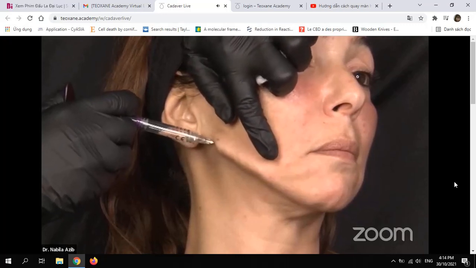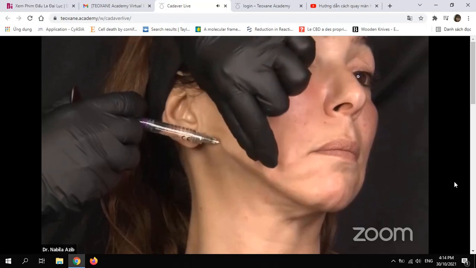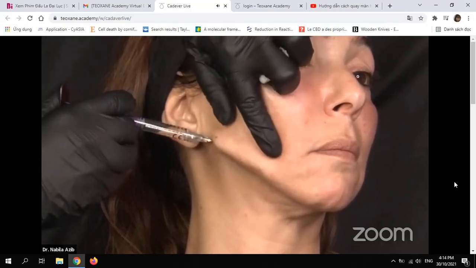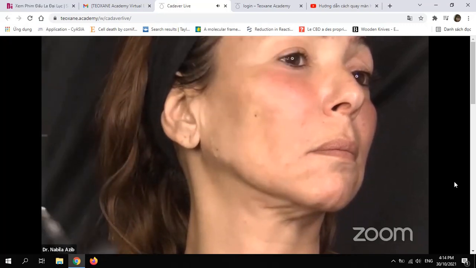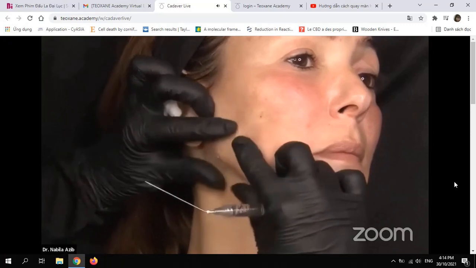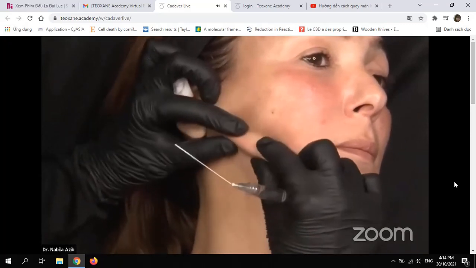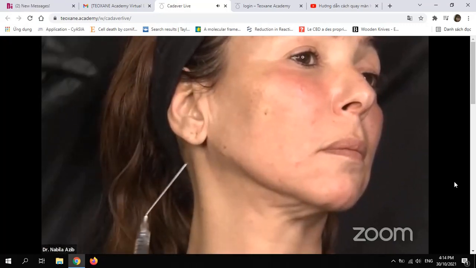Why I will inject quickly is to make a thread, like a spaghetti, and not like a ball and the line. And even if you have a ball and the line, you can model your product and RHA4. The product will stick together and you will have a nice line.